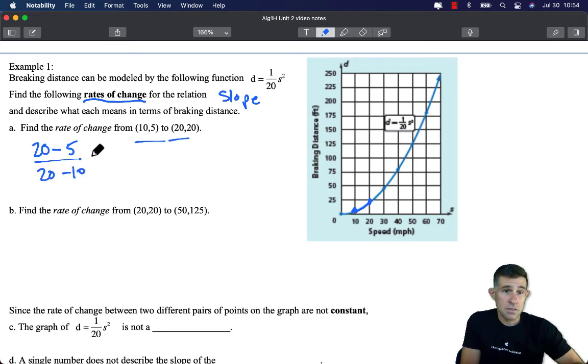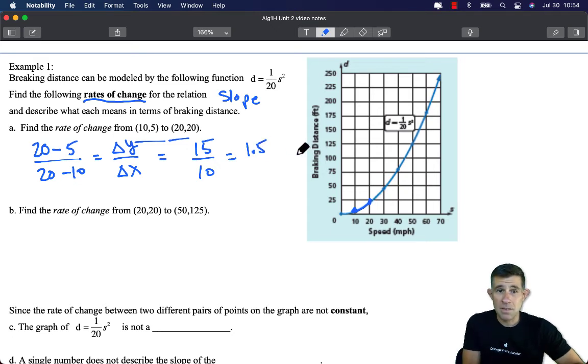Remember that slope is the change in y over the change in x. So these are the difference in my y coordinates divided by the difference in my x coordinates. All right, doing the math on that, we're going to have 15 over 10, and that's going to reduce to 1.5.